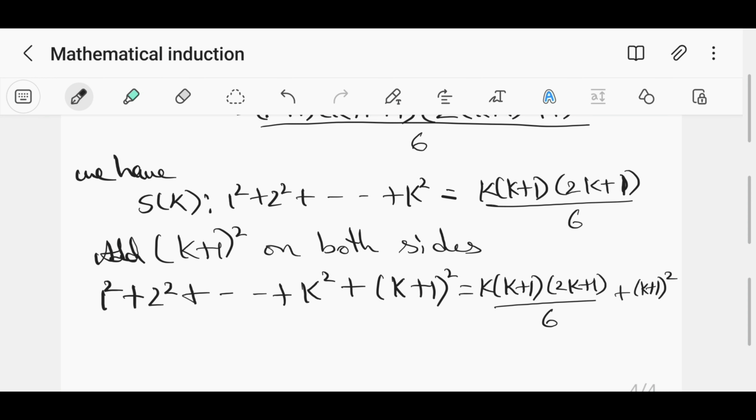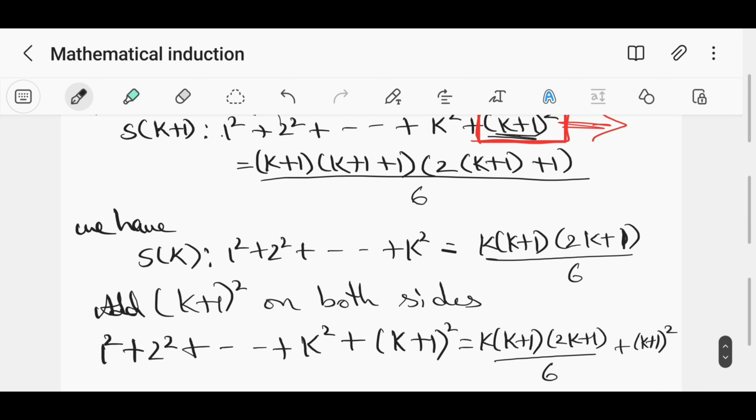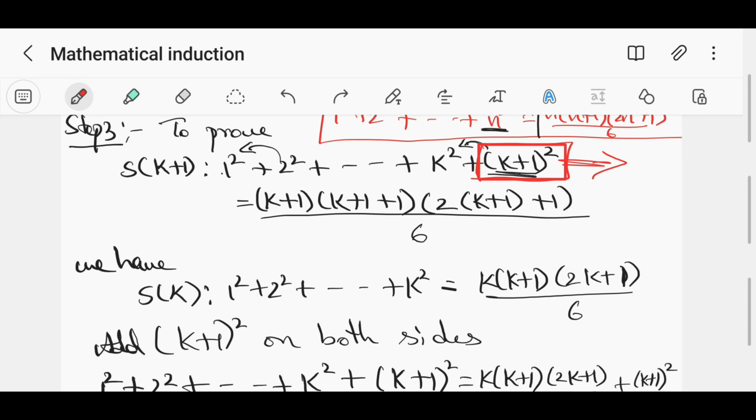Okay, we have to prove this step. So you have to do some simplification in your RHS to get this step. So let us do that.